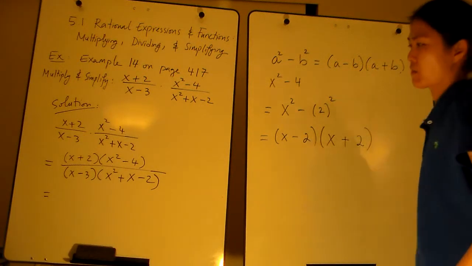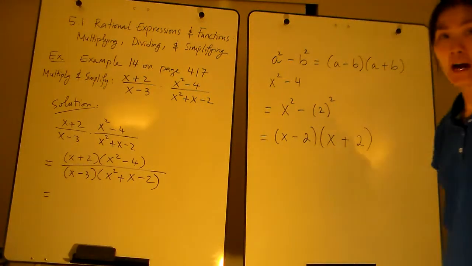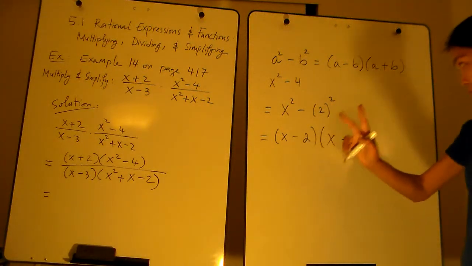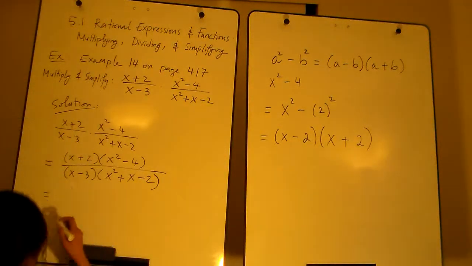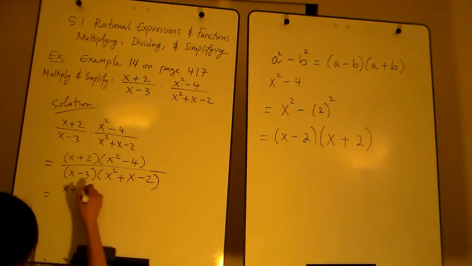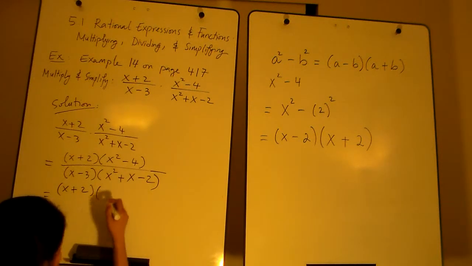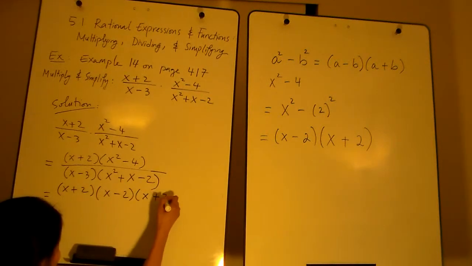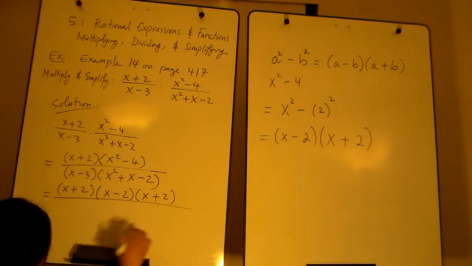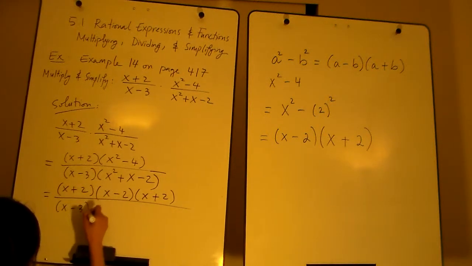So that means for this factor right here, x squared minus 4, I can still factor it into 2 more factors, x minus 2 times x plus 2. So let me write here, x plus 2 is here. Now factoring x squared minus 4, we get x minus 2 times x plus 2.